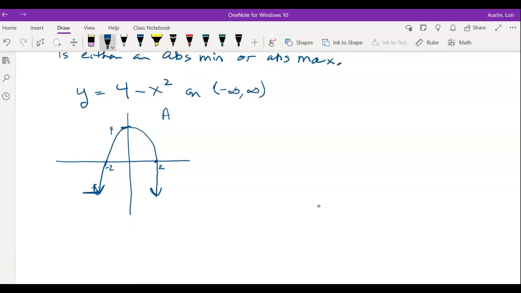We have an absolute max of what value? 4. The absolute max or min, the value is actually the y value, and this is how we state it, at x equaling 0. Okay, so that's how you're going to write it. Oh, easy. I've got an absolute max at x equals 0, of 4 at x equals 0. Okay, any mins?